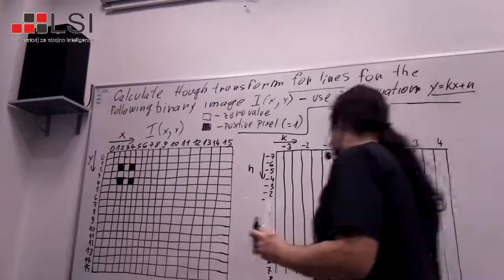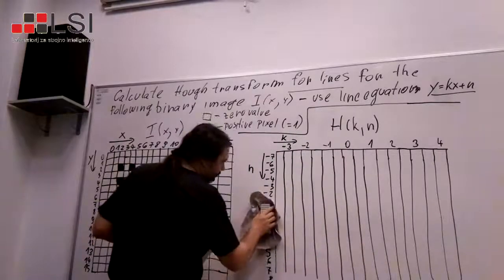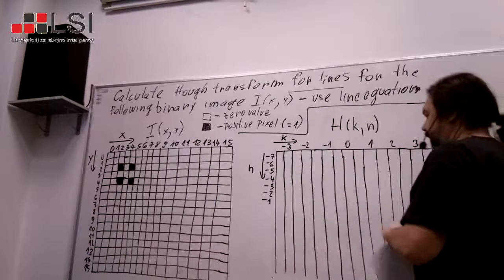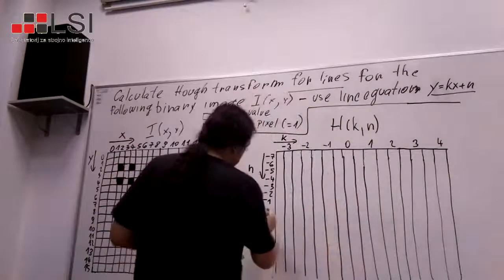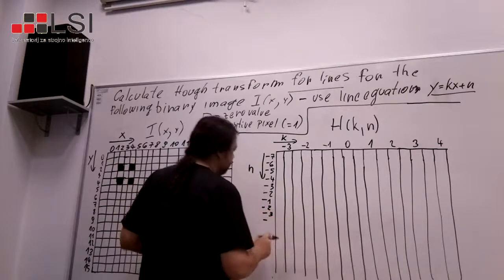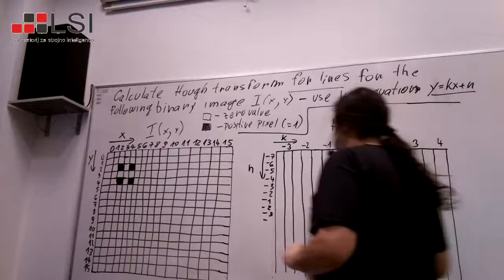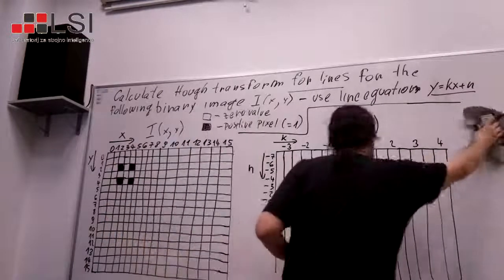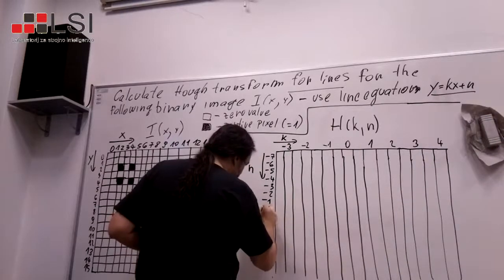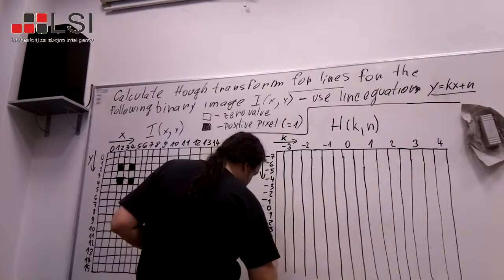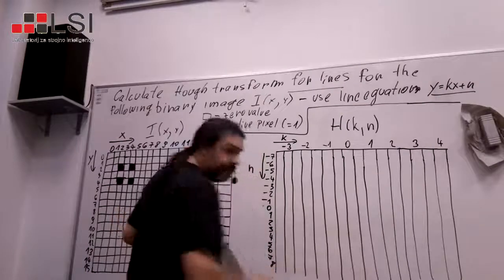Okay, so I will try to compress them a little bit. -1, so here comes 0, 1, 2, 3, 4, 5, 6, 7, and 8.